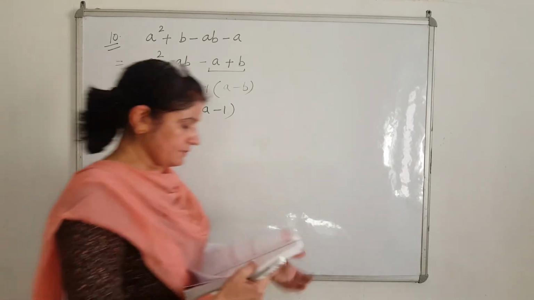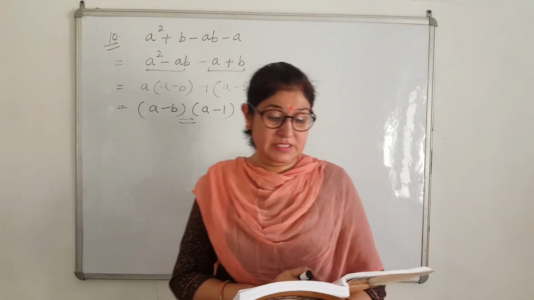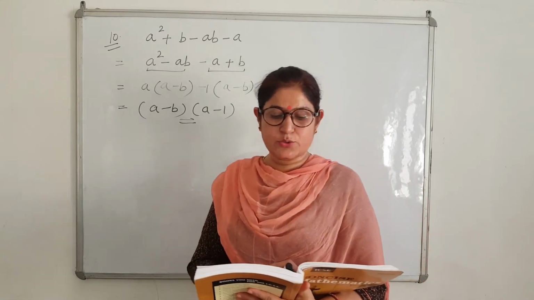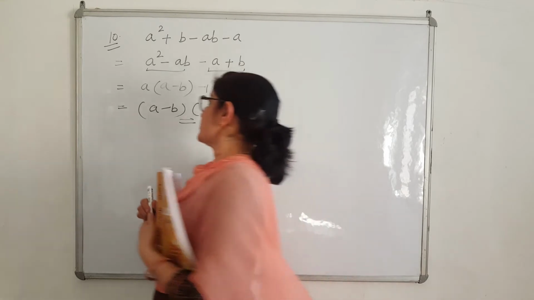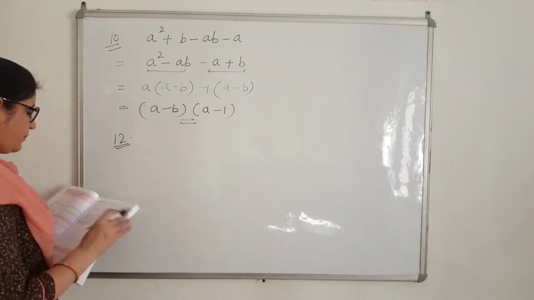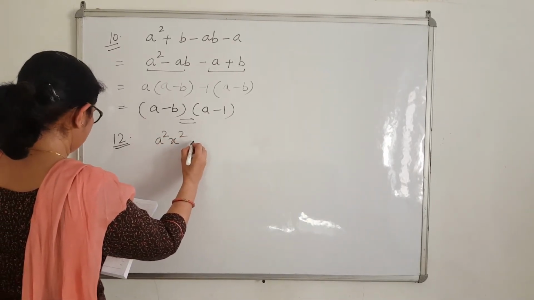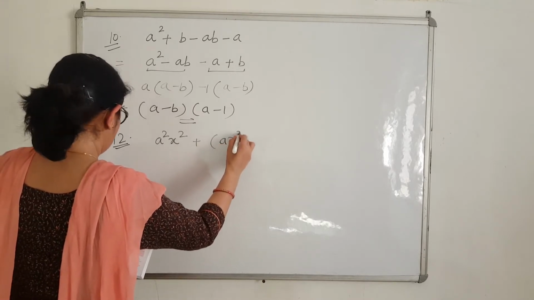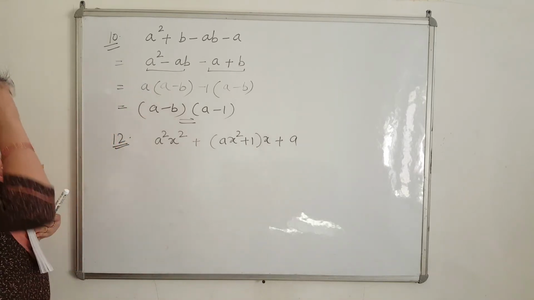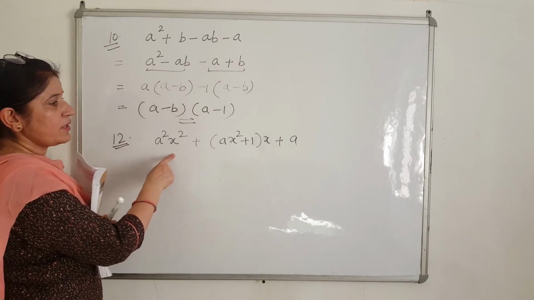Now our next question, question number 12. In this question, the statement is given a²x² + ax² + 1·(x + a). Same as the previous question, we will follow the method of grouping. If you see, can you take any common out of these three terms? No. From the first and last term we can take. What about the other then?